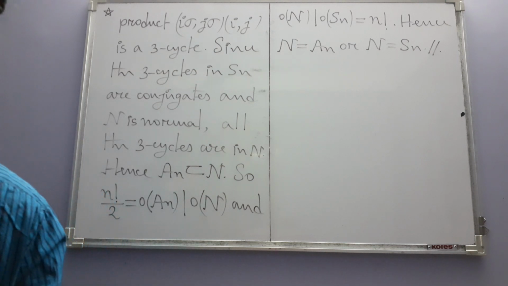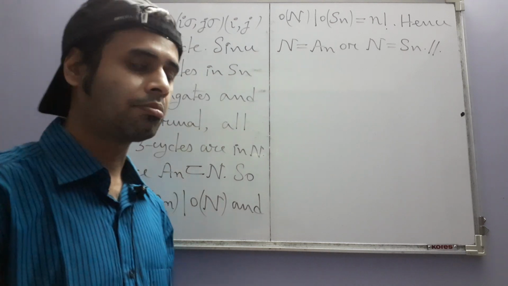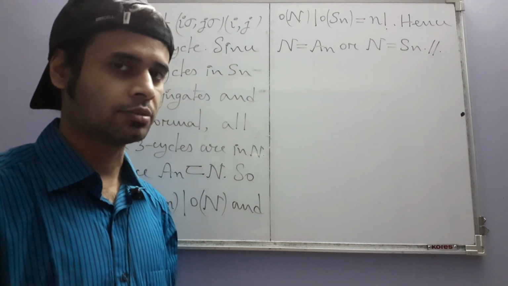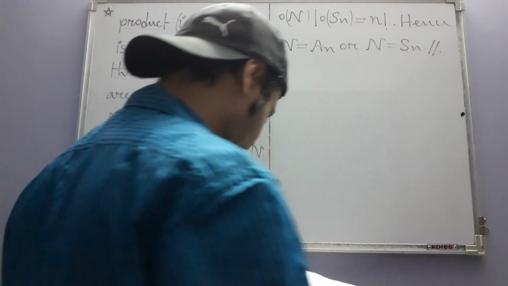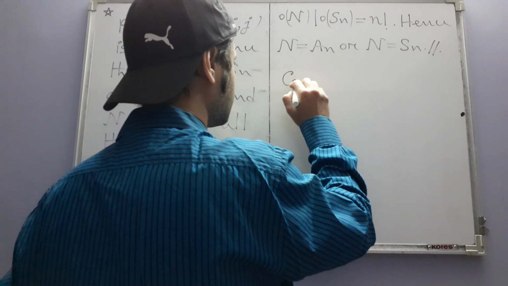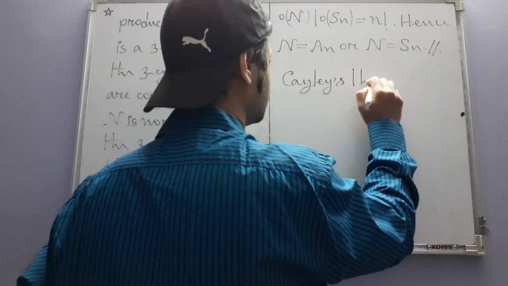Okay, now next we are going to see something called permutation representation of a group. So there is a paragraph where Herstein writes Cayley's theorem.